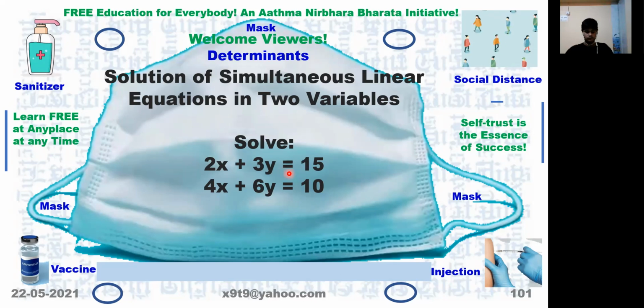Now do this problem. 2x plus 3y is equal to 15. 4x plus 6y is equal to 10.